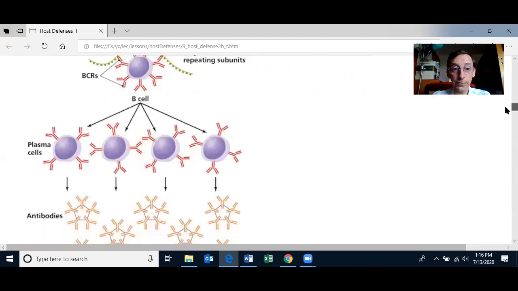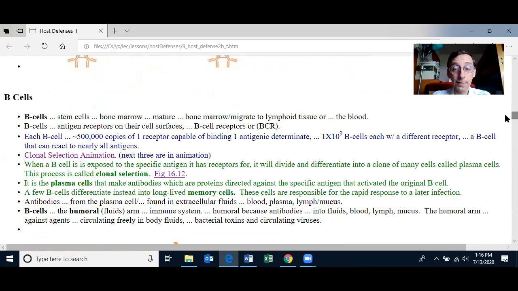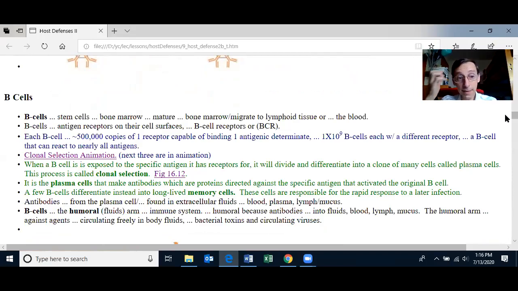All right, I've got a little picture here about B cells, and I'll talk about that in a minute. So let's move on and talk about B cells briefly. B cells also start life from the stem cell in the adult in the bone marrow. The difference is, unlike the T cells, the B cells stay in the bone marrow until they mature.